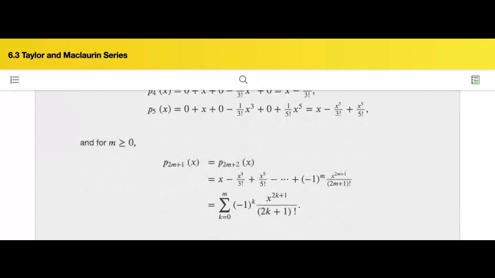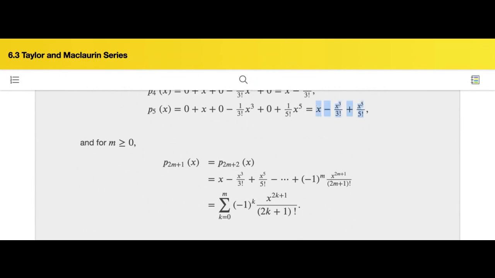For the nth term, we get -1 raised to m, x raised to 2m plus 1 divided by 2m plus 1 factorial. So we can write it as a summation, -1 raised to k, x raised to 2k plus 1 divided by 2k plus 1 factorial.